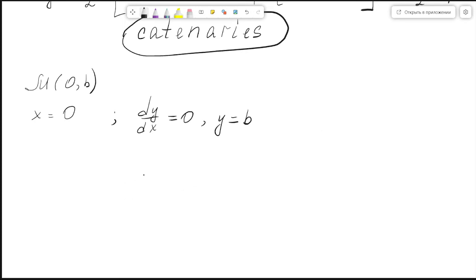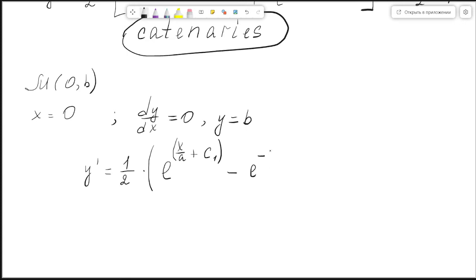From 7 we find y prime equals 1 over 2 times, in brackets, e to the power of x over a plus c first, minus e to the power of minus x over a plus c first, close bracket.